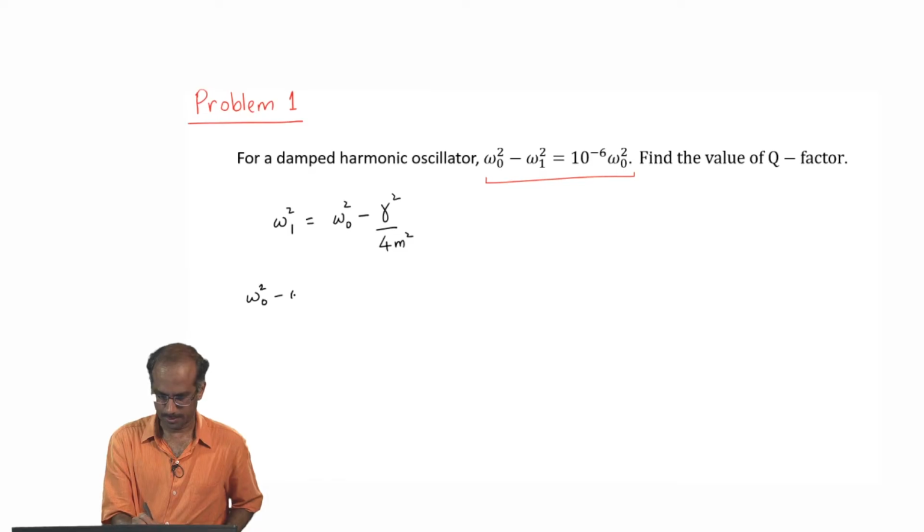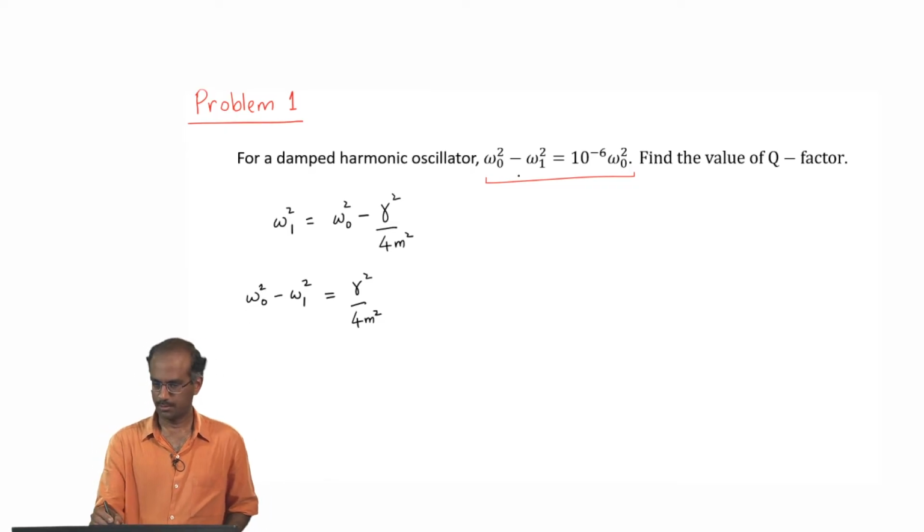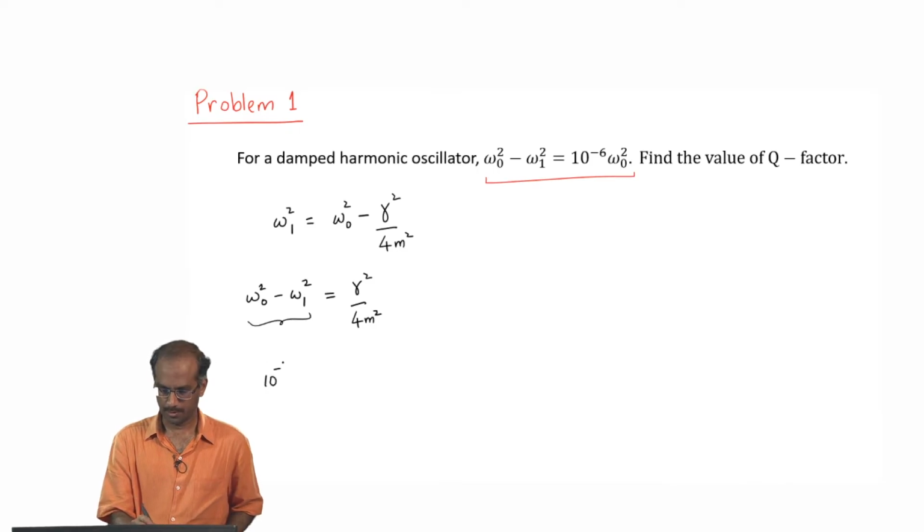Omega 0 square minus omega 1 square will be equal to gamma square by 4 m square, and we are told that this quantity is simply equal to 10 power minus 6 into omega 0 square, that is gamma square by 4 m square.